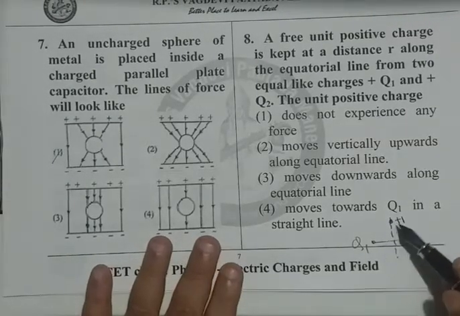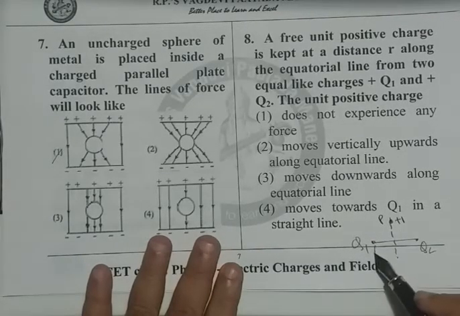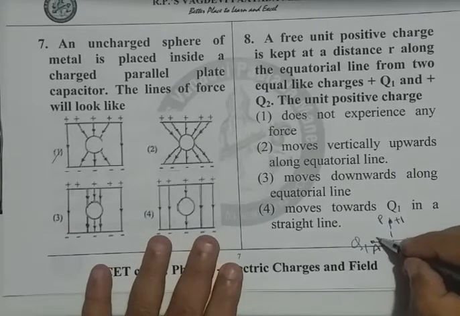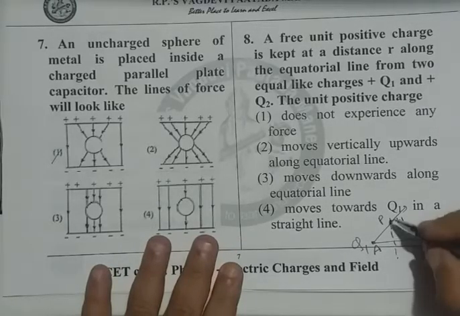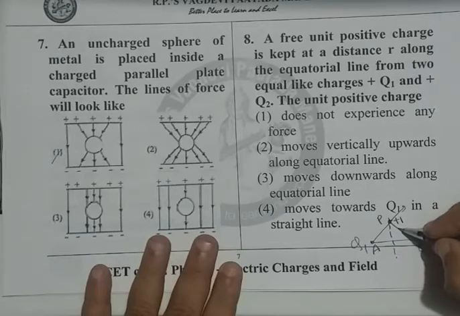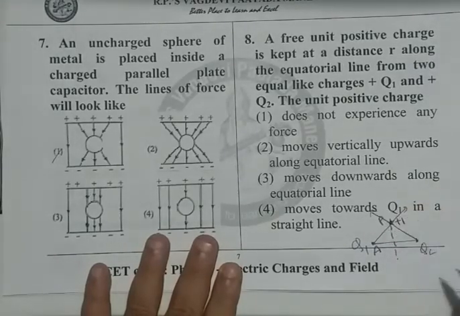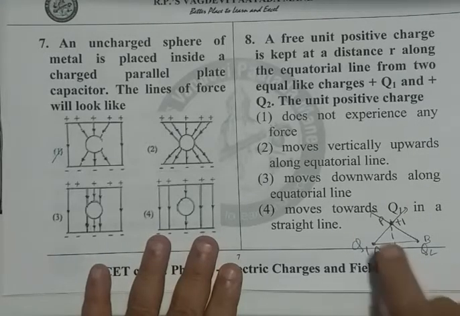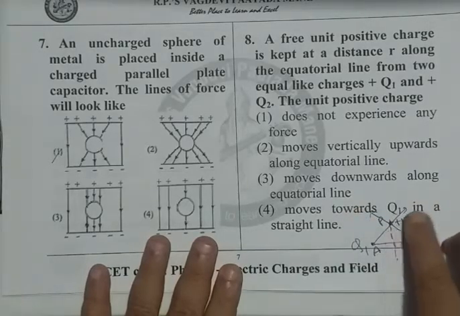Now observe, this plus 1 at P is repelled by charge q1 at A along the line joining the charges like this. It is going this way. And in the same manner, the unit positive charge is repelled in this way by the charge at B. So, both the forces on the unit positive charge are acting like this.